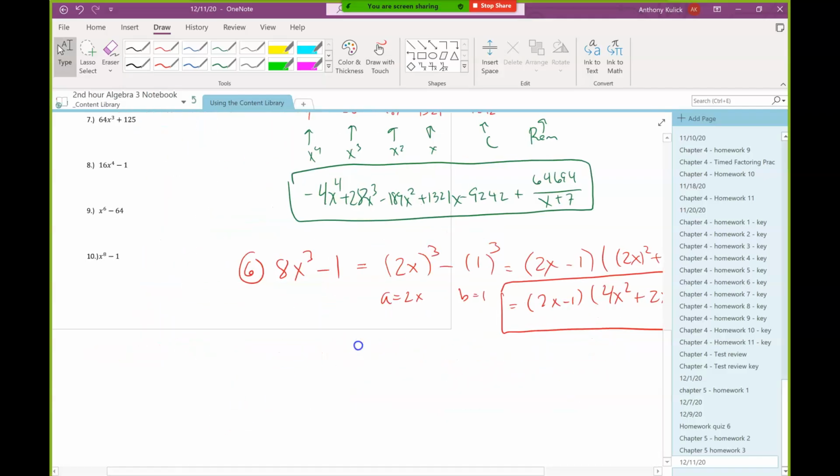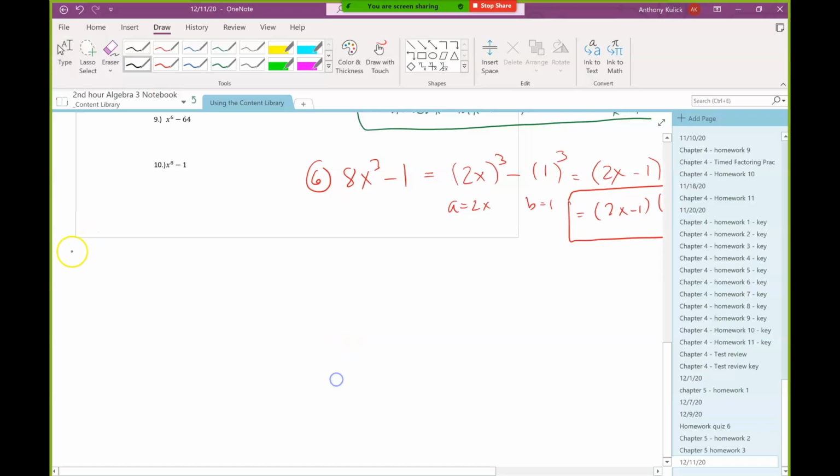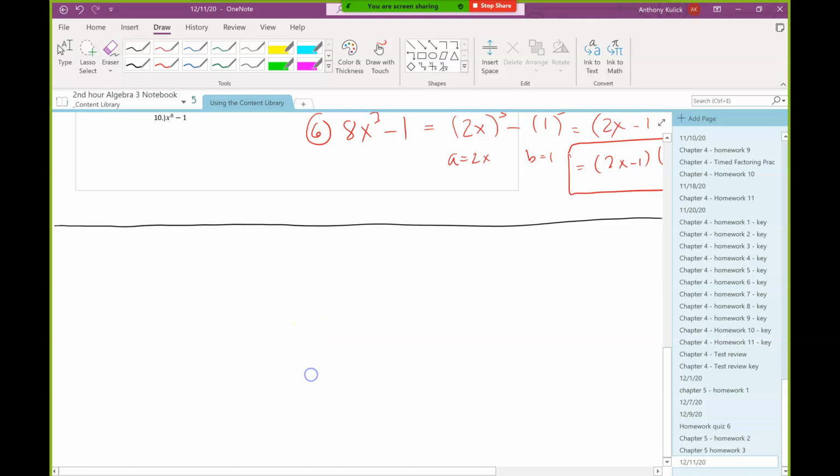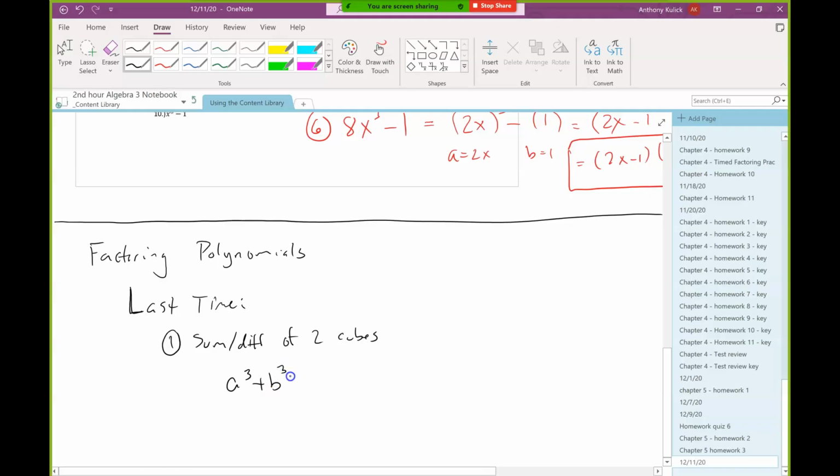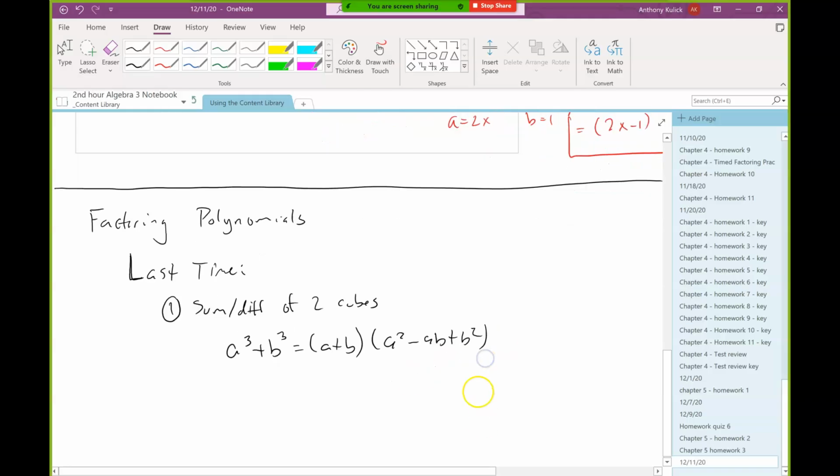So let's go ahead and start the final lesson for the semester. So we've been talking about sum and difference of cubes. And we talked about the difference of two squares.